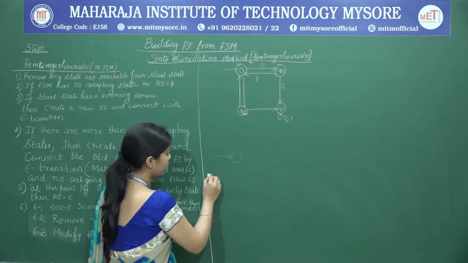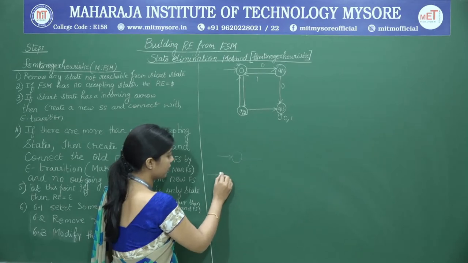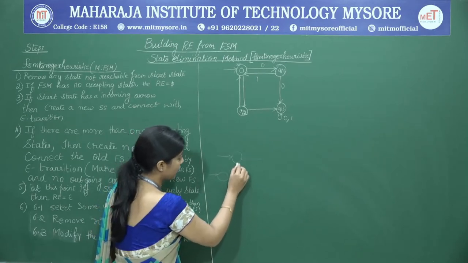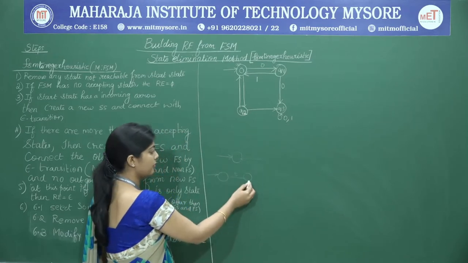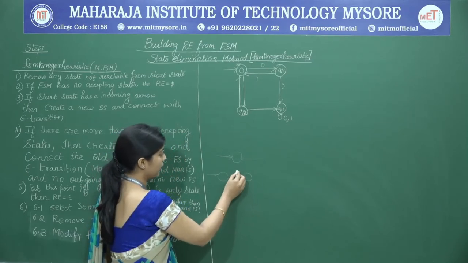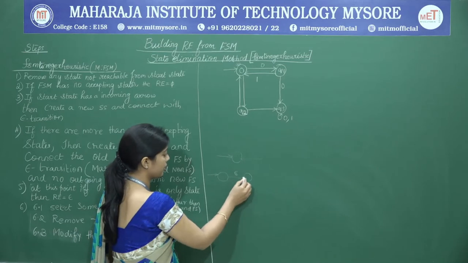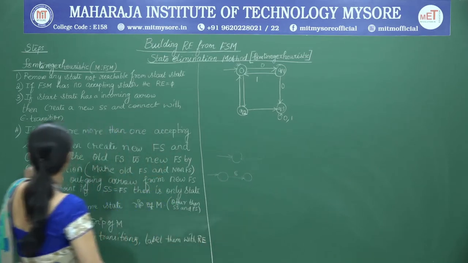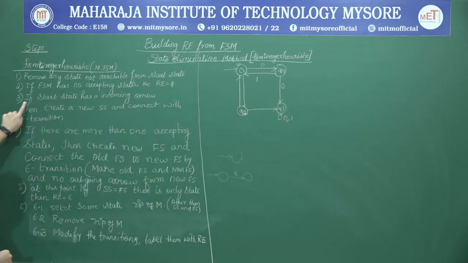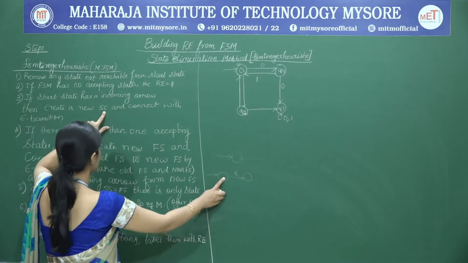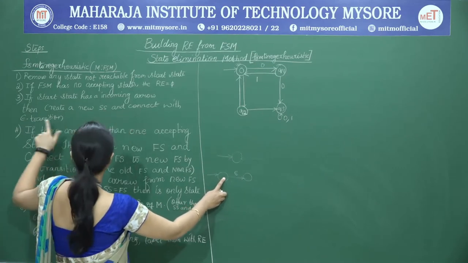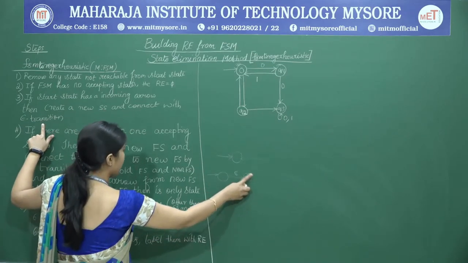In that case we are going to create a new start state, and connect it to the old start state via the epsilon transition. So this is what step 3 states. If the start state has an incoming arrow, then create a new start state.